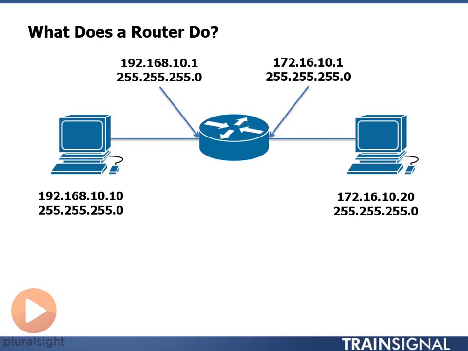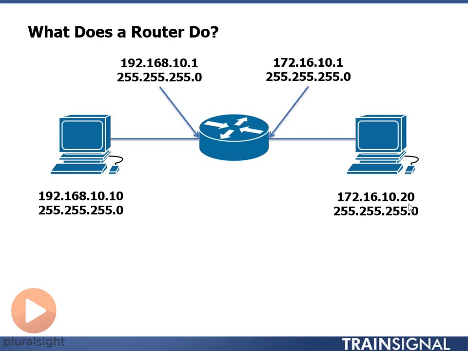What we do then with the router is we assign one of the network interface cards on the router to the network on the left side, and we assign the other interface an IP address that is on the same network as the device on the right side. So our network interface card on our router is 172.16.10.1, and the IP address on our workstation is 172.16.10.20.